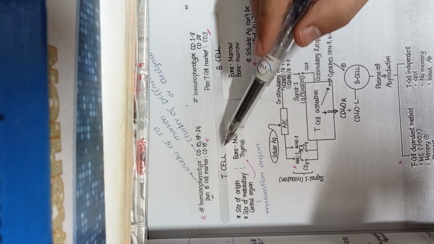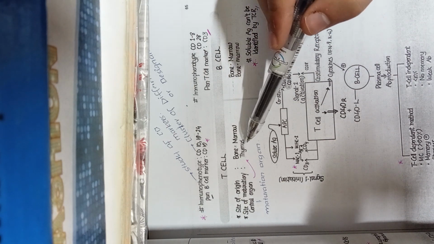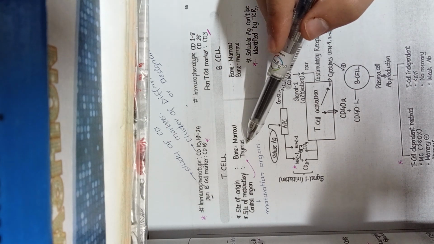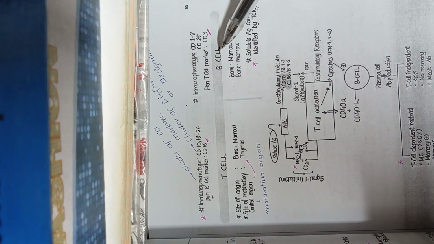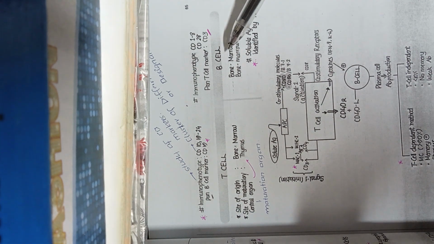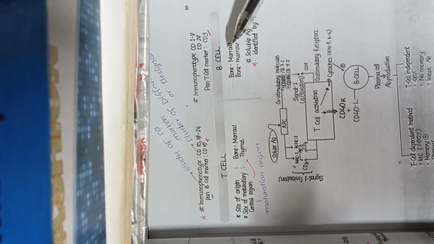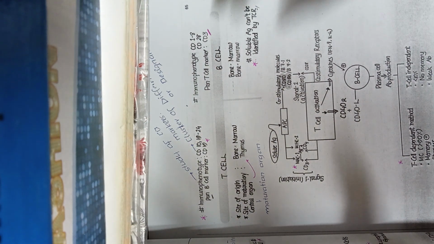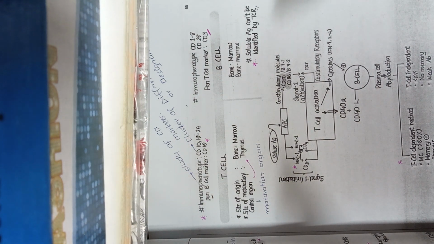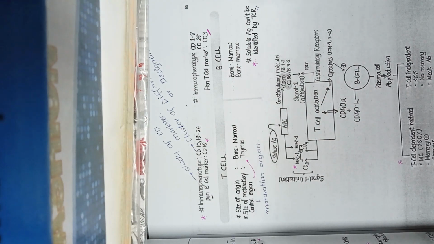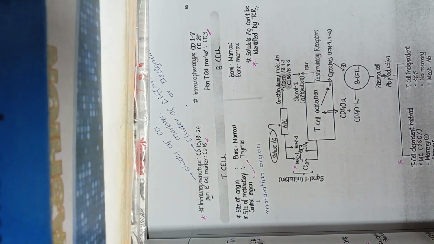So T cell originate from bone marrow. They mature in the thymus. While on the other hand, B cell, they originate in bone marrow and mature in the bone marrow. So that is a simple classification of T cell and B cell origination.